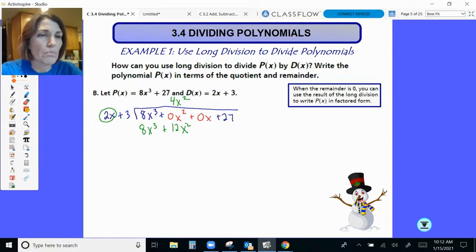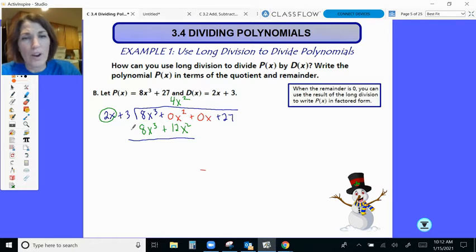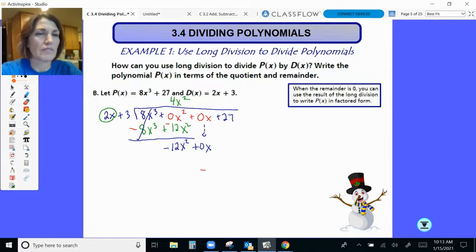Now you can see why we have to have that placeholder. Okay. I'm going to go ahead and subtract by changing signs and then adding those together. So that will become 0, and this will become a negative 12x squared. And I can bring back down this plus 0x and start all over again.